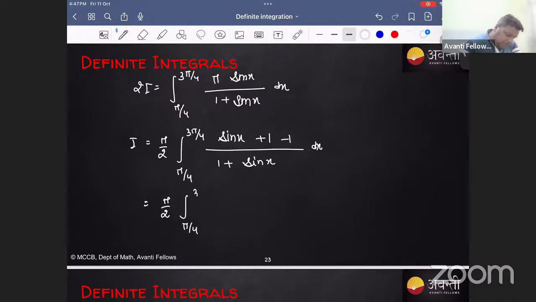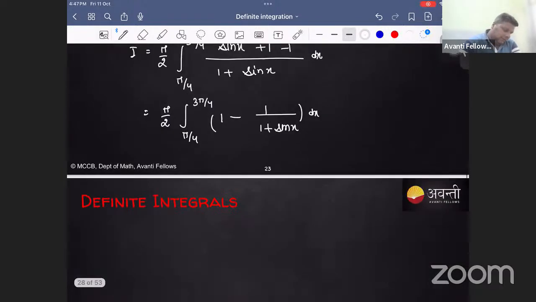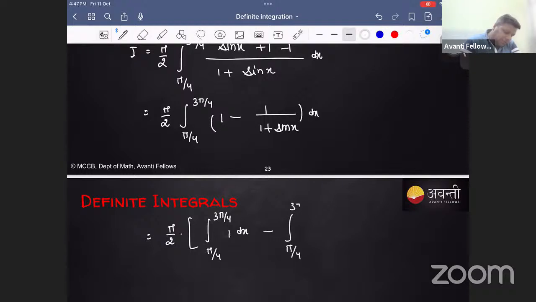Pi by 4 to 3 pi by 4, it is 1 minus 1 upon 1 plus sin x dx. Correct? Now, with pi by 2, now there are two integrations. One is from pi by 4 to 3 pi by 4 1 dx. Other is pi by 4 to 3 pi by 4 1 over 1 plus sin x dx. Correct?